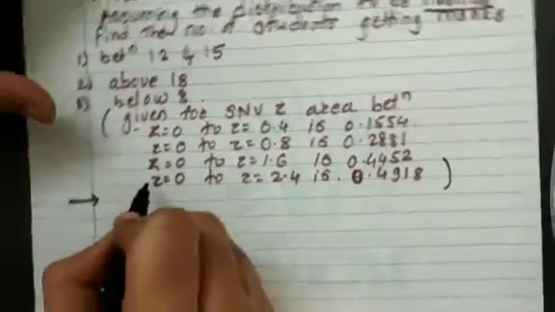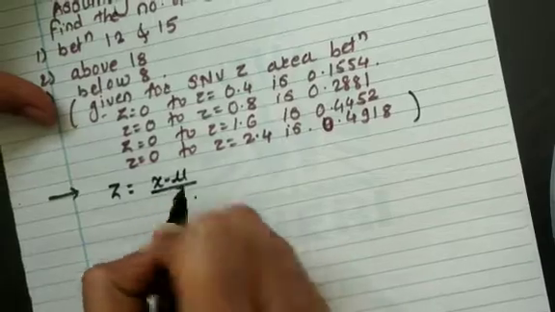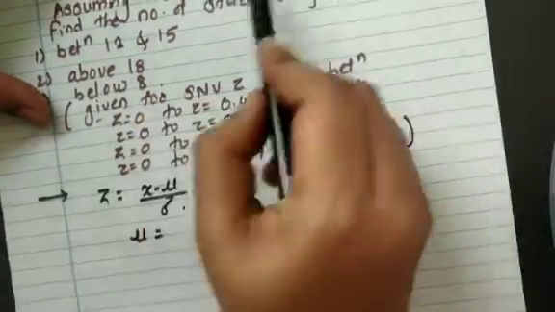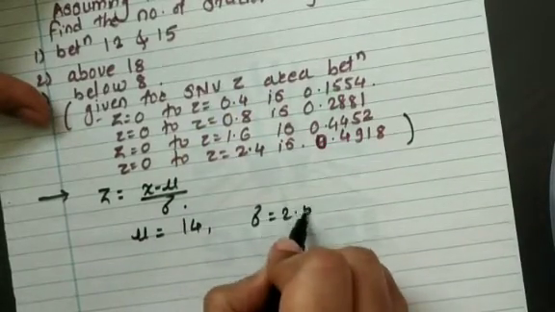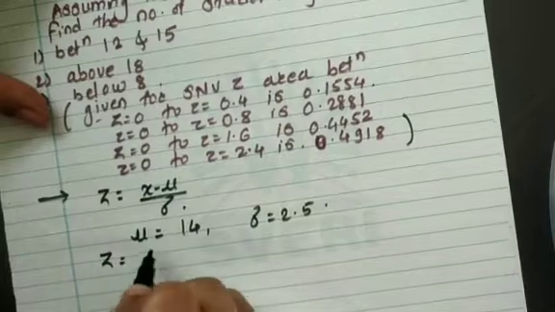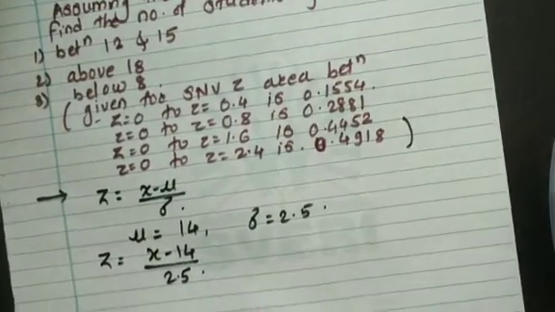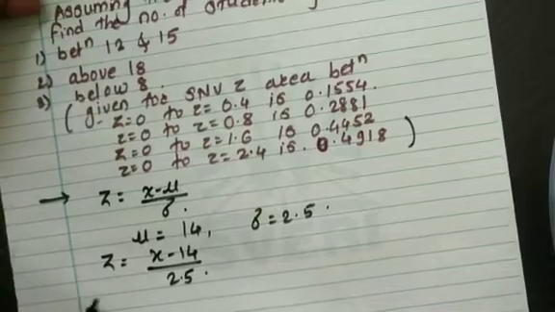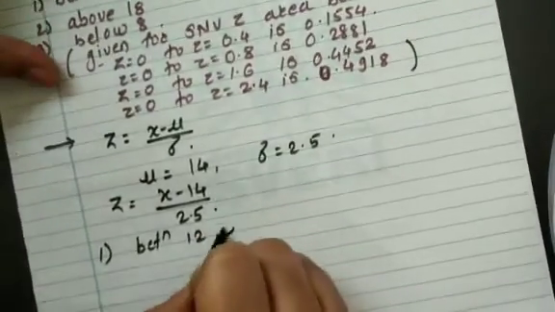Therefore, as it is normal, we'll write z. Z is x minus mu upon sigma, where mu is mean, that is the mean is 14 and sigma is 2.5. Therefore, z is x minus 14 upon 2.5. Okay, next, we'll go to the first question, that is between 12 and 15.